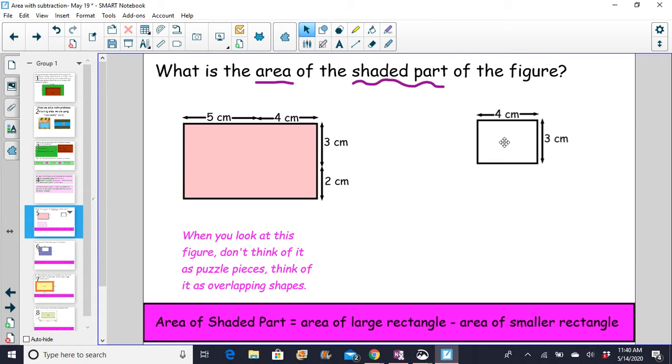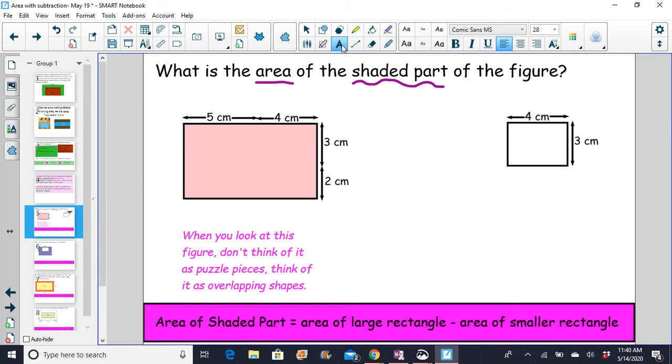So I have to find the area of my pink rectangle and I have to find the area of my white rectangle. Okay, let's do the white one first because I don't know about you, but it looks to me to be the easier one to do first. Now remembering area equals length multiplied by width, that is our formula.